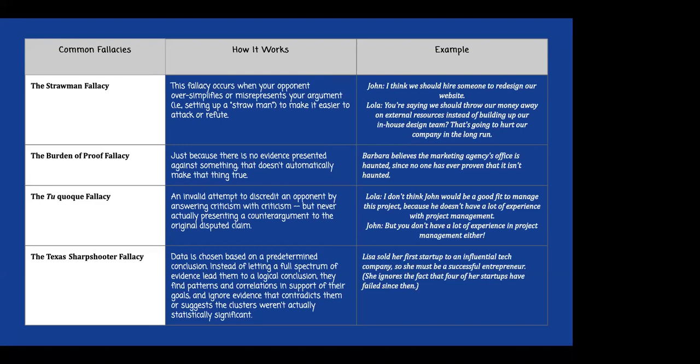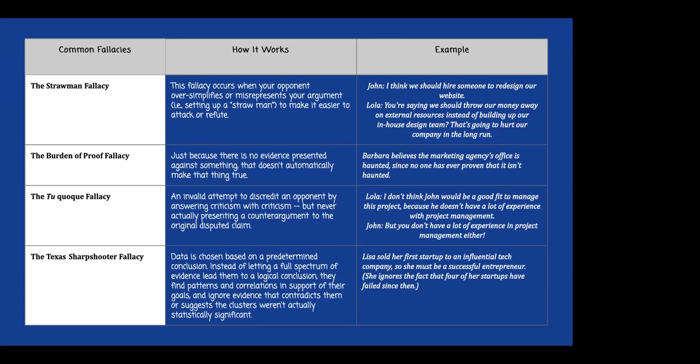Now, the last two here are two of our favorites. First of all, the tu quoque. Yes, we learned how to pronounce that correctly. You're welcome. For this one, it's basically an invalid attempt to discredit an opponent by offering criticism. So instead of giving reasons or disputing the claim, the person is just criticizing the opponent, not giving us reasons to back it up.